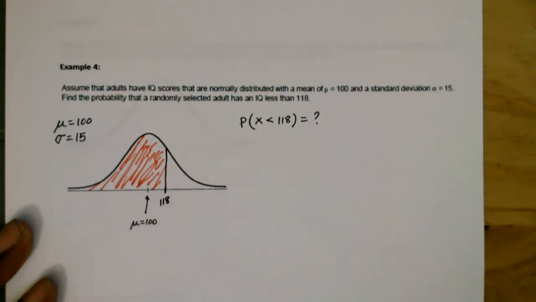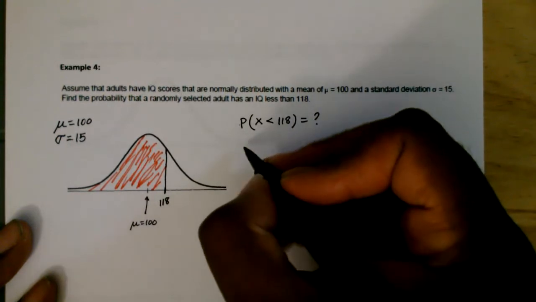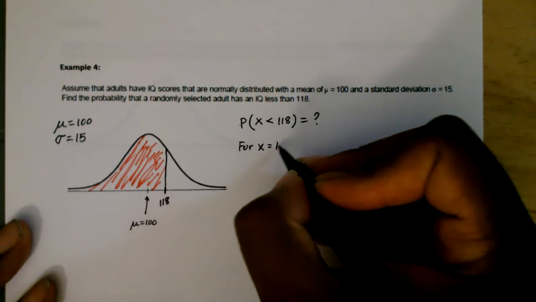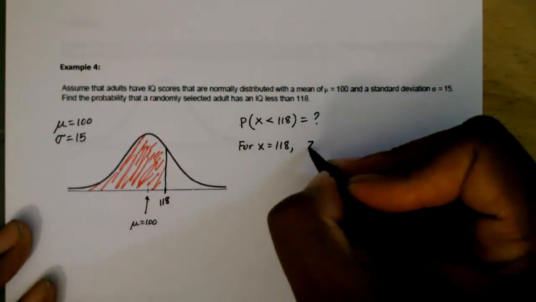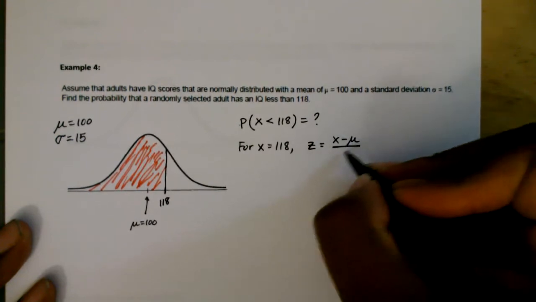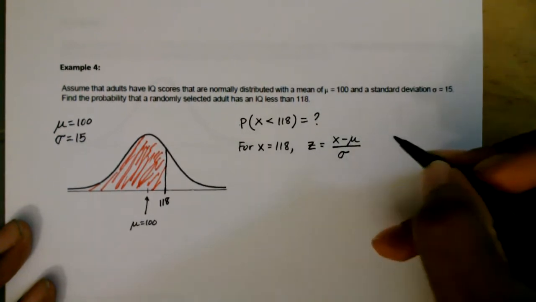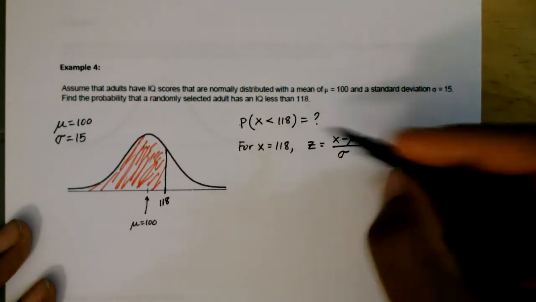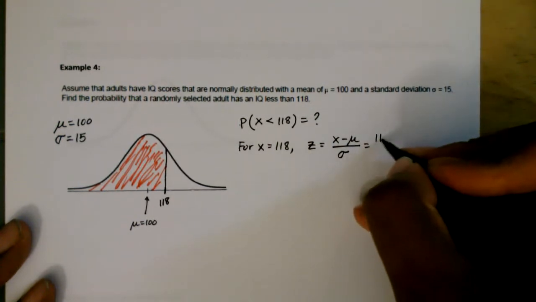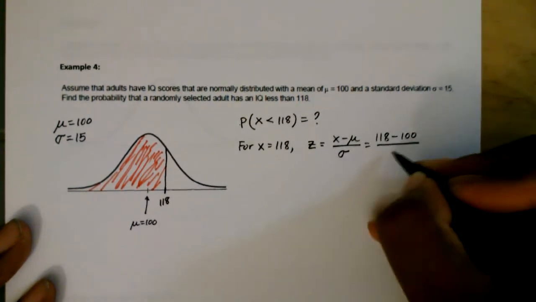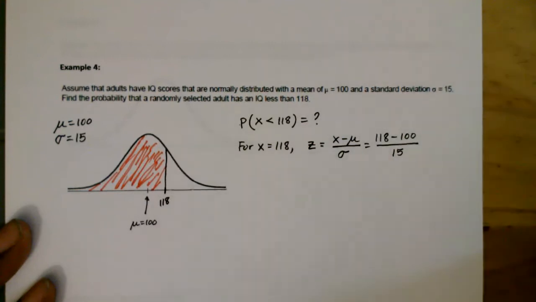Now we need to convert 118 to a Z value. So for X equal to 118, our Z is equal to X minus mu divided by sigma. That's what we use to convert to a Z value. Your X is 118 minus mu, which is 100, divided by sigma, that's 15.